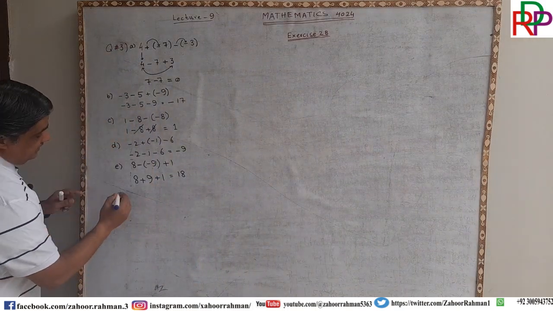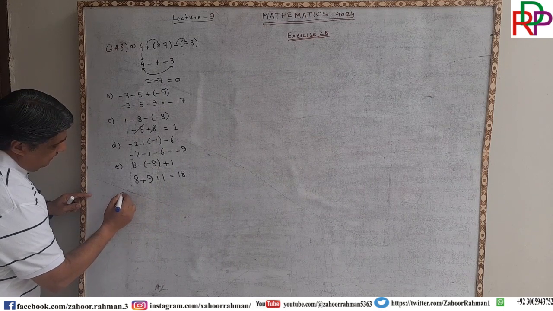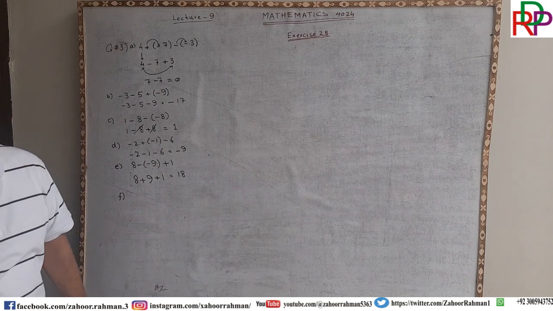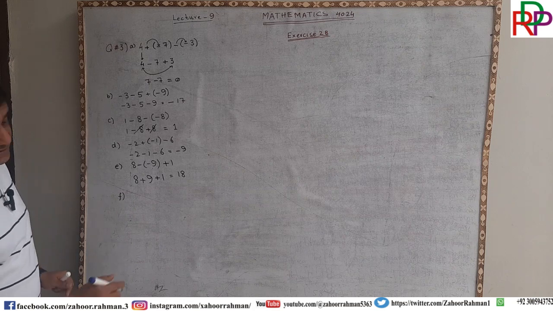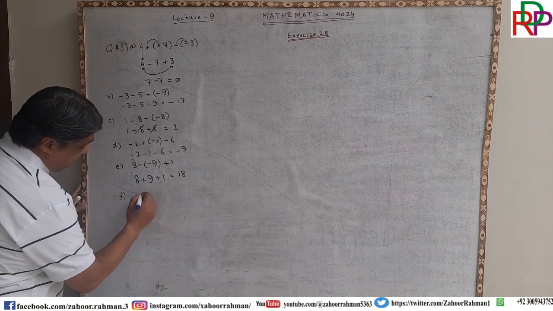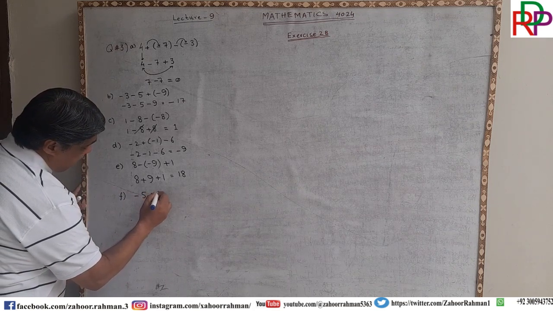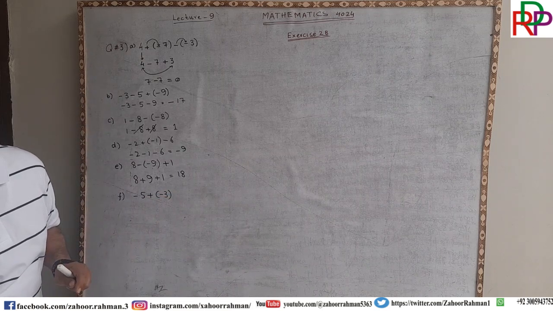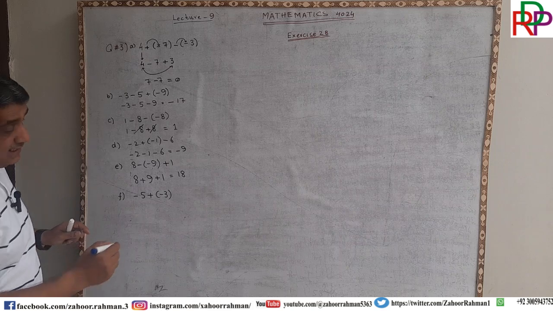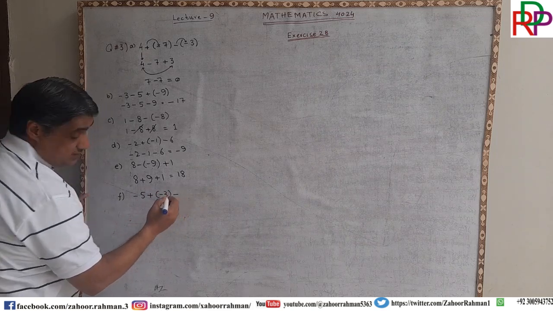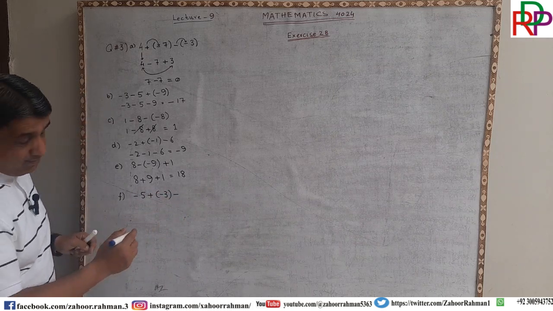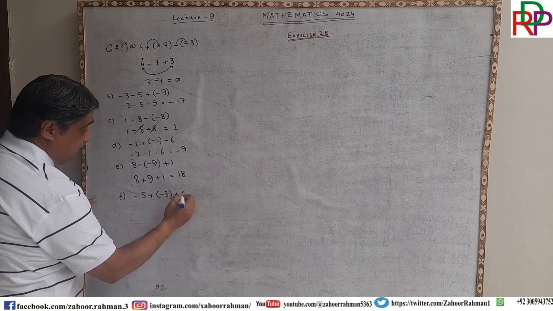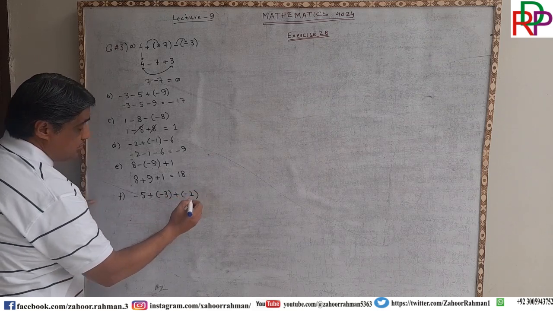representation. So E, and then we are having F, and in F minus 5 plus minus 3, plus minus 3, and the other part is minus 2, plus minus 2, plus minus 2.